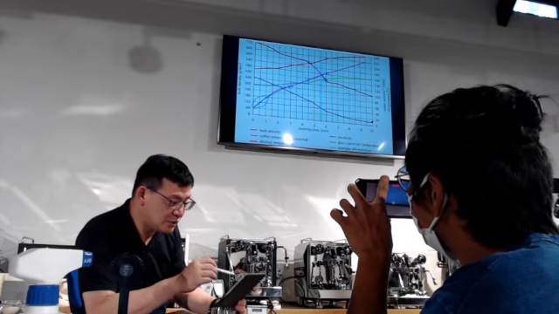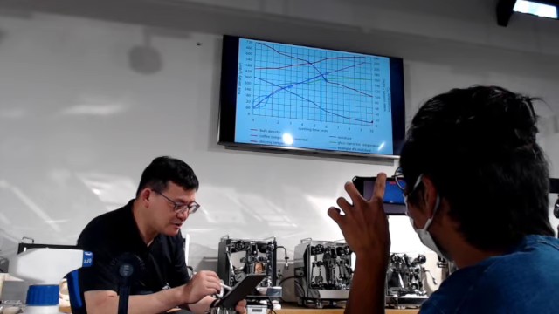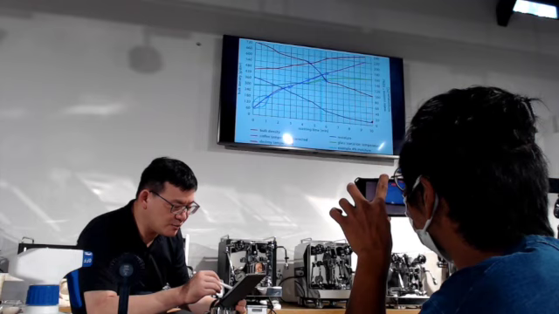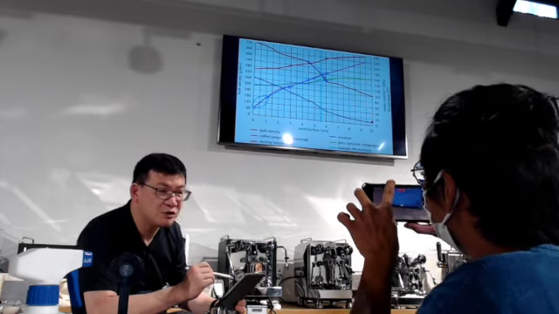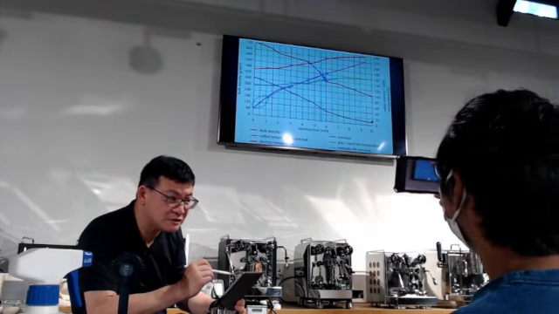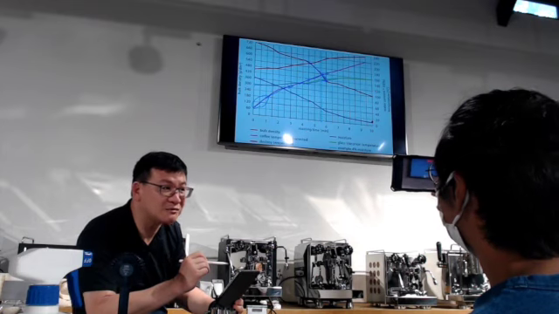Okay, so you can see now. Once the bean's temperature is higher than the glass transition temperature, then you have a very good volume increase. So that's why the density goes down suddenly.